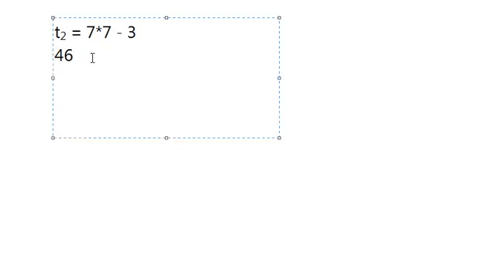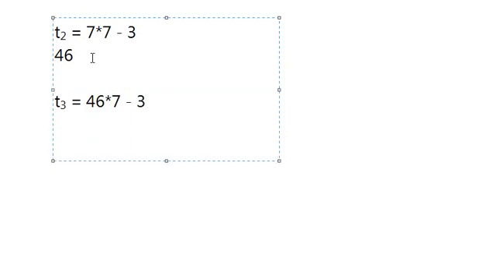Next step is T3, which is equal to 46 times 7 minus 3, which is a huge number. I'm not doing the mental math for that. I'm going to type it in my calculator.